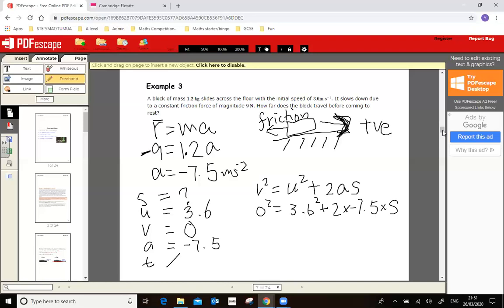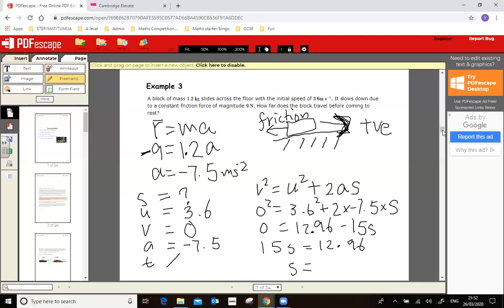Okay, then we can put it in a calculator and work out what 3.6 squared is. So 0 equals 12.96, and 2 times minus 7.5 will give you minus 15 S. Rearranging the formula, we can work out that 15S equals 12.96.